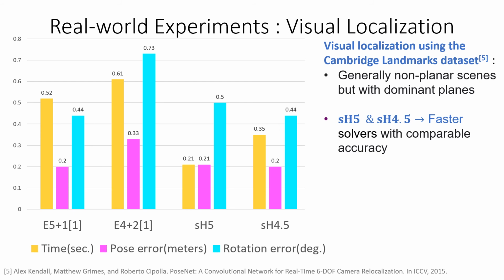We can observe that even in the presence of generally non-planar scenes, our SH5 solver has the fastest runtime, while having accuracy comparable to that of the state-of-the-art E5+1 solver. This means that our faster solvers can be used to quickly estimate the inlier ratios for each image, which would then help in sampling image pairs for relative pose estimation using the E5+1 solver.